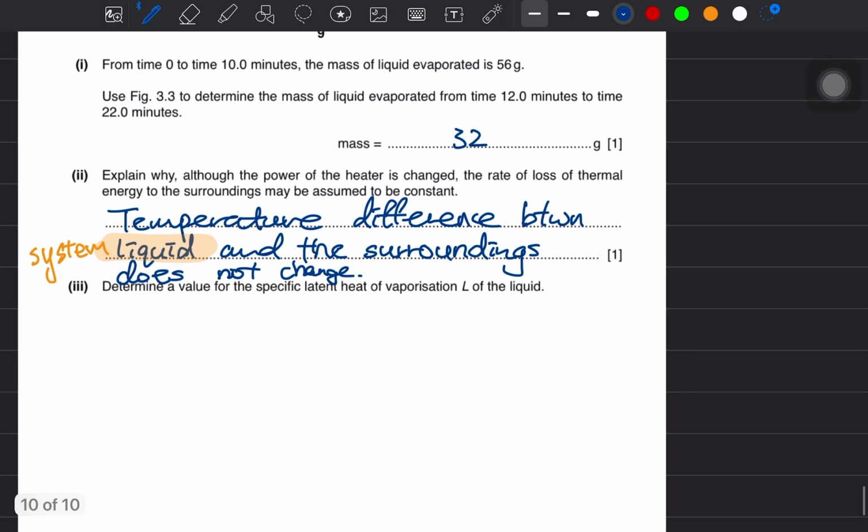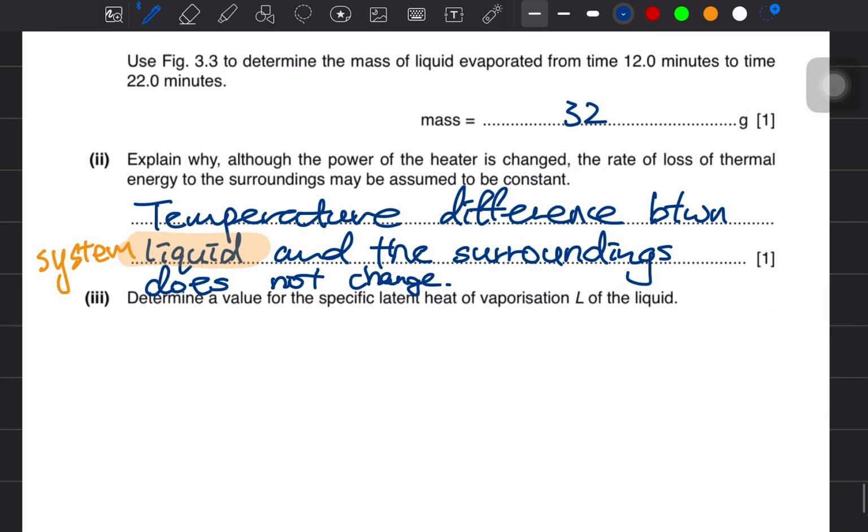So just as a summary of my explanation just now, the temperature difference between the liquid and the surroundings does not change. Why is this? It's because the temperature of the liquid is not changing, despite the change in current. Why is this the case?